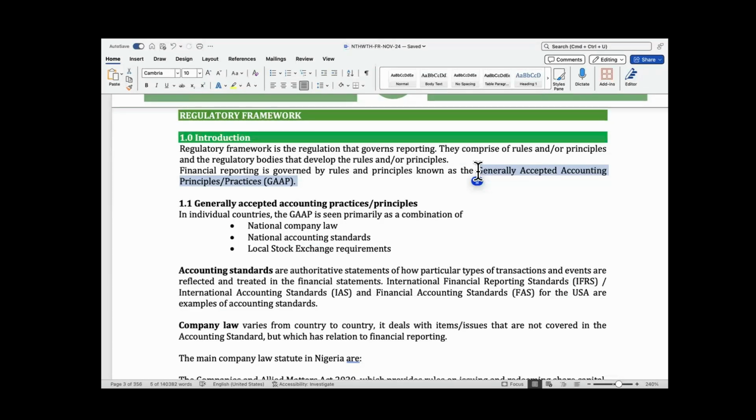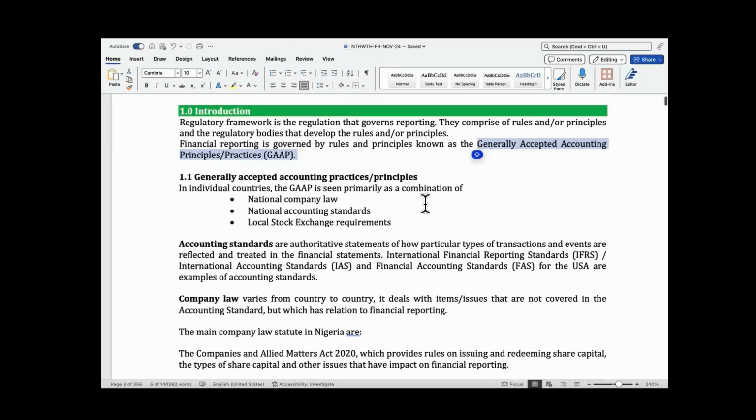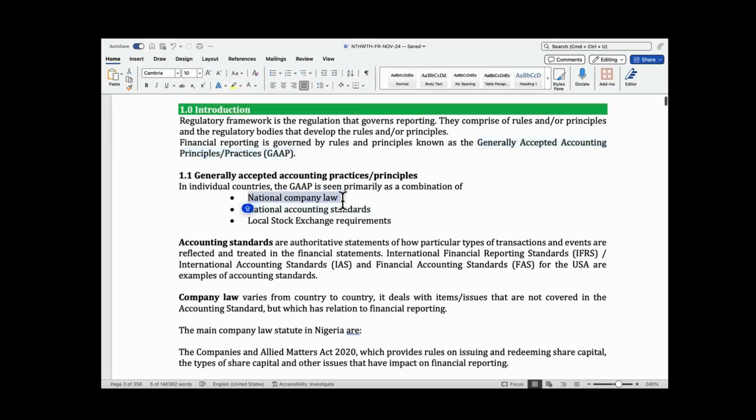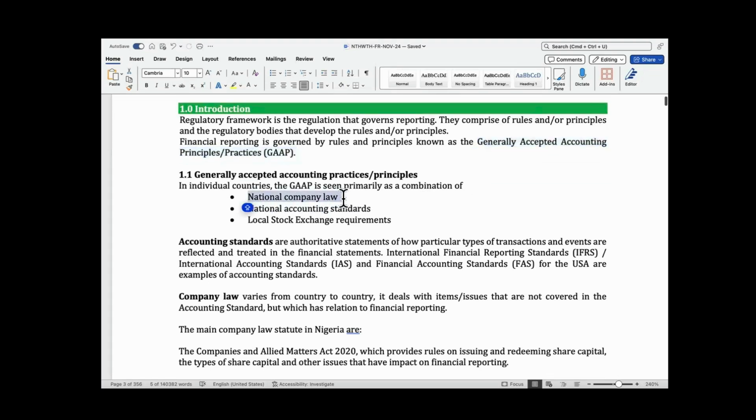So what we want to learn in financial reporting, you wanting to be an accountant, is GAAP, which is the rules and principles that govern reporting. Now, what is GAAP? GAAP is three things. Number one is the national company law. Number two is the national accounting standards.